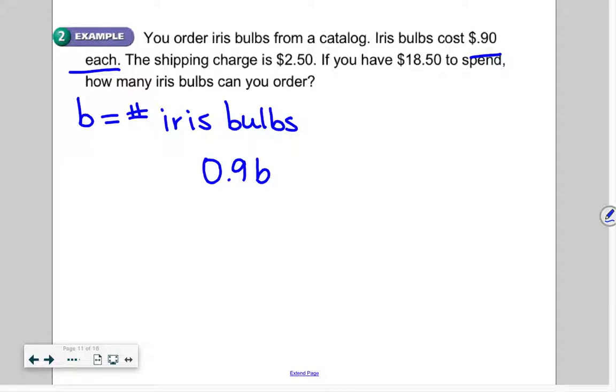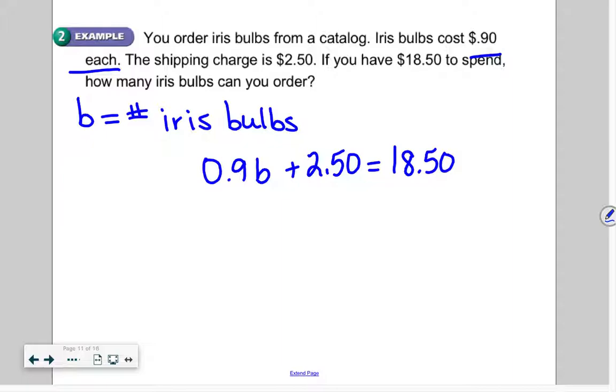Shipping charge is $2.50, plus 2.50. Then what? Equals 18.50. Yep, your total bill came to $18.50. So right there's 2 points for story problems. 1 point for identifying your variable, 1 point for your equation. Point number 3 now is to solve.